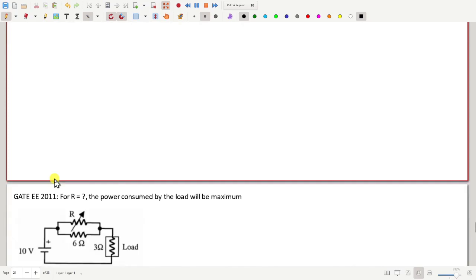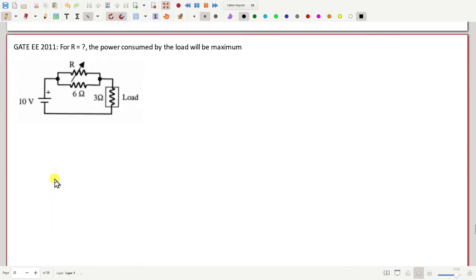Okay, so let us solve one more problem. Possibly this is the last problem today. We have to find the value of this resistance R, for which the power in this load will be maximum. This is 6 ohm, this is 3 ohm, this is 10 volt.